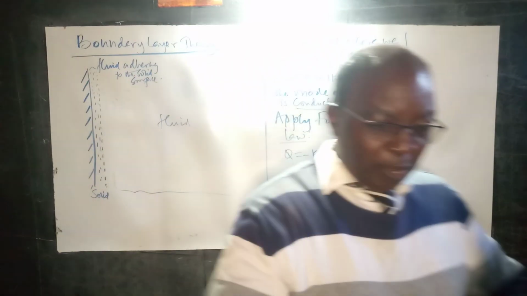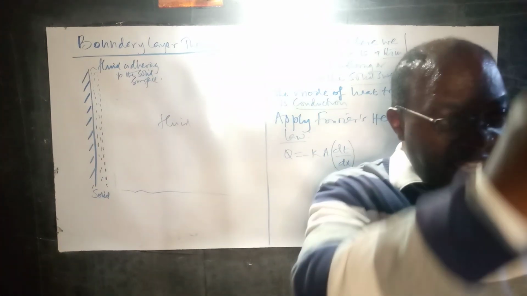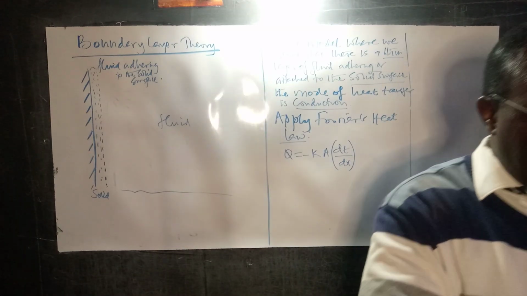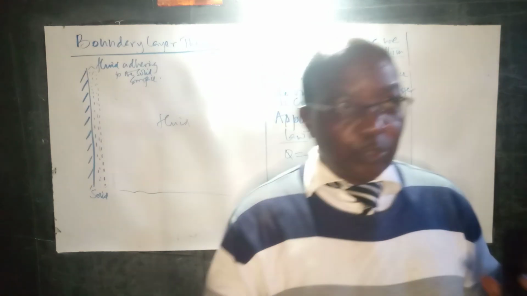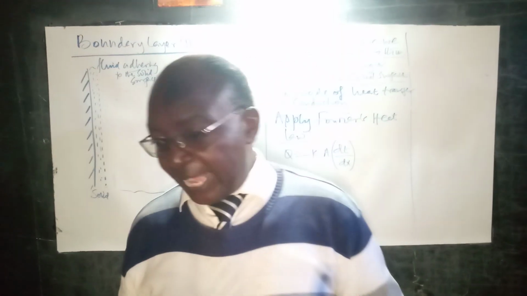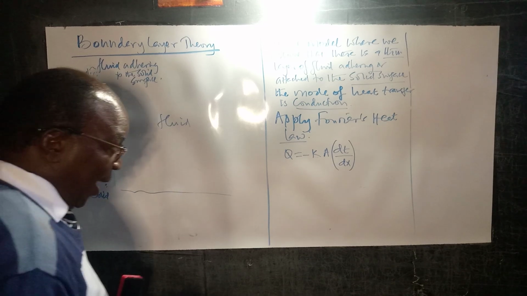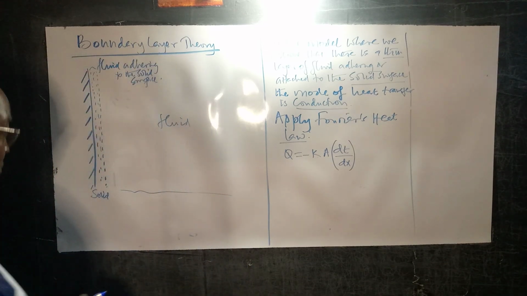So I repeat, this is a model where we are assuming that there is a thin layer of fluid adhering or attached to the surface of the solid, so that the heat transfer between those two systems will be via conduction. And so we can apply Fourier's law to that type of model.